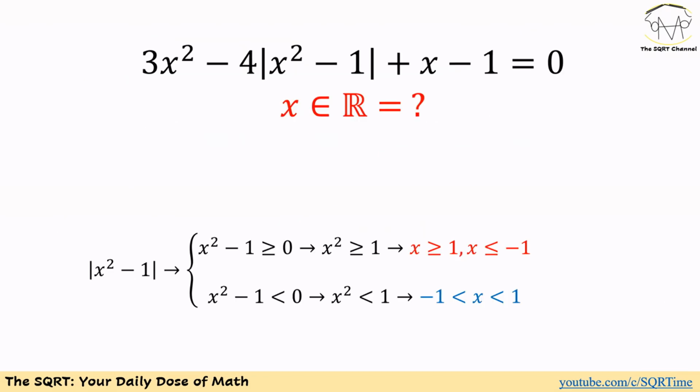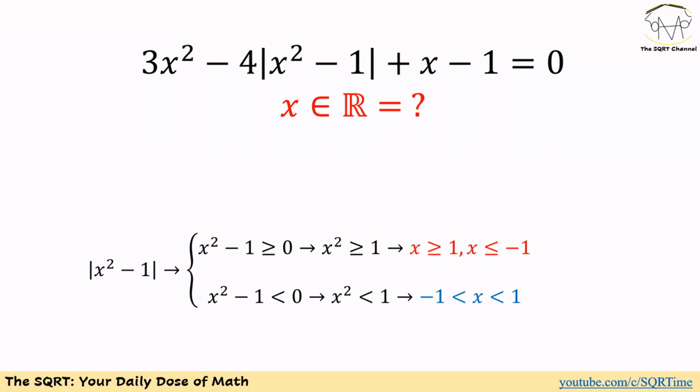To solve this kind of problem, we need to focus on the expressions that we have inside absolute values. For this problem in particular, we just have one absolute value, and the expression inside it is x squared minus 1. So let's focus on x squared minus 1.